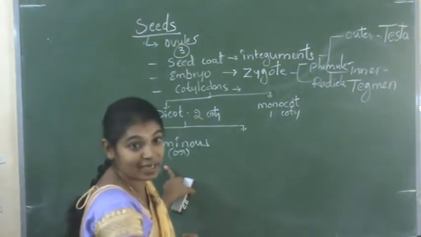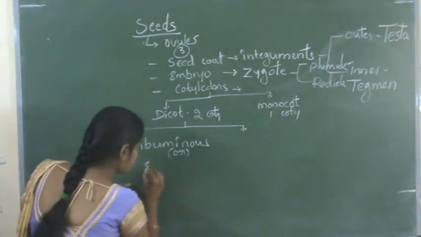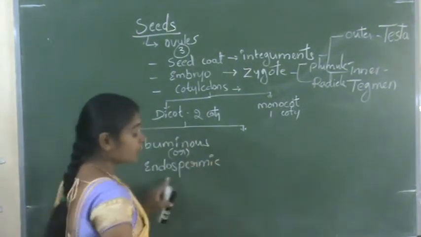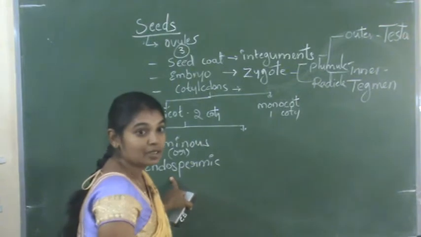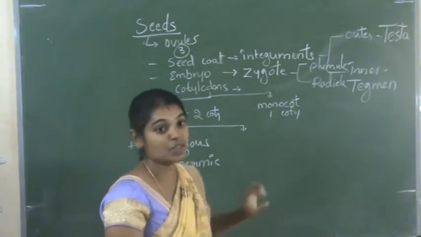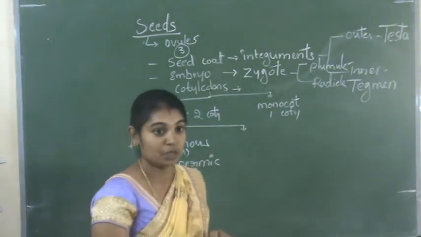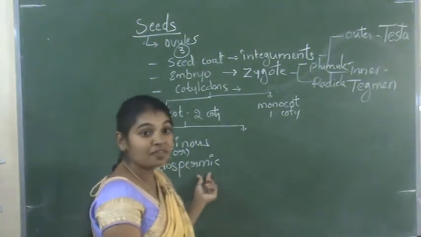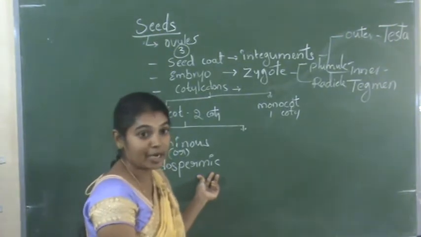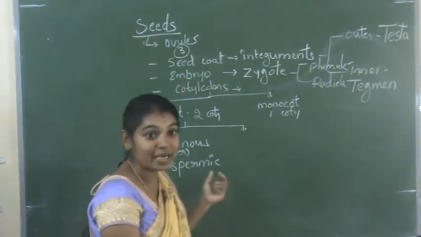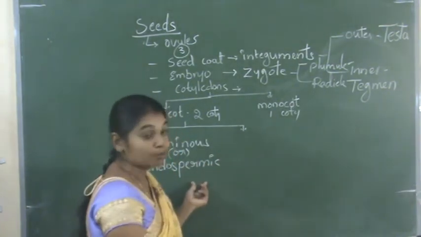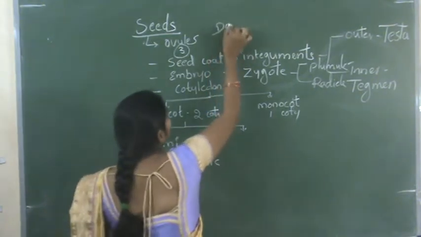Due to the presence of endosperm, these are also known as endospermic seeds. The main function of the endosperm is to provide nourishment to the developing embryo. The endosperm is full of nutrients like proteins and carbohydrates. The reserved food material is present in the cotyledons, but mainly it is of the endosperm. So this endosperm is a result of double fertilization.